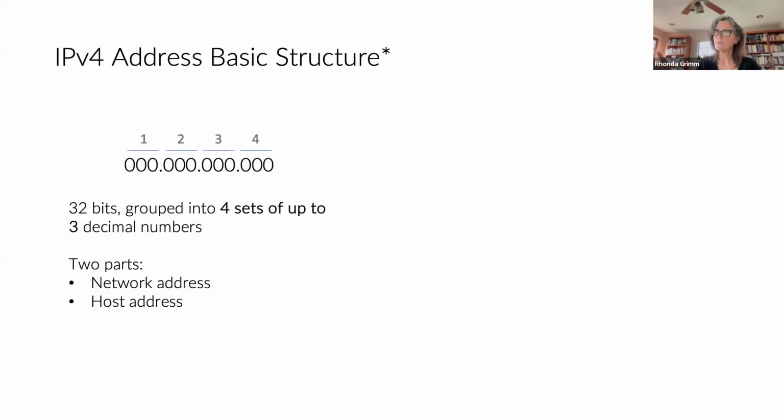So enter the IPv4 address, the basic structure of an IP address. In the case of an IPv4 address, you've got 4 sets of 3 decimal numbers. And there are 2 parts: the network address and the host address. We're not going to get into things like subnet masks, but that tells you where the network address is and where the host address is.